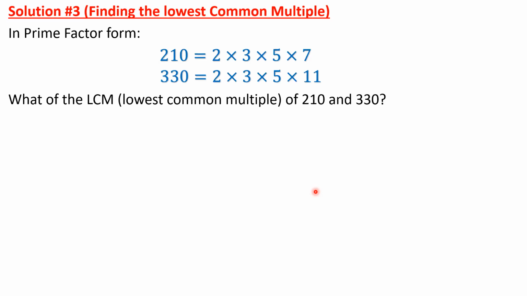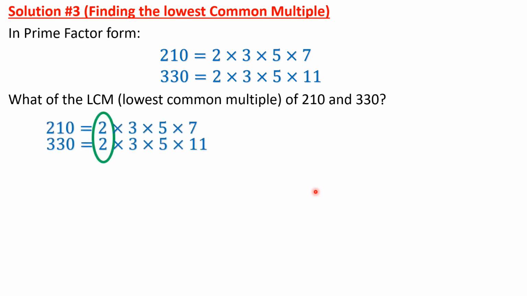For the third one, sorry, my bad. For 210 and 330, I circled the 2, the 3, and the 5 because they're all common numbers. And then I circled the 7 and 11 because they're also the factors for 210 and 330.